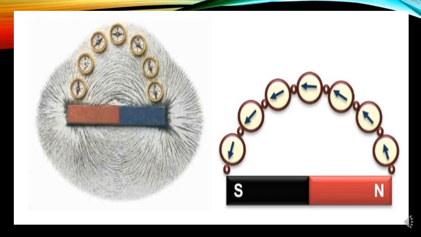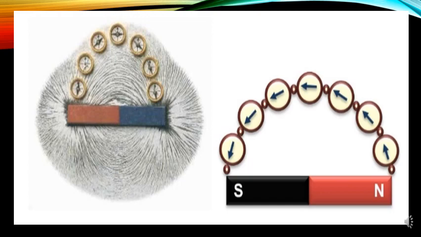Under the influence of the magnetic field of the bar magnet, the iron filings behave like tiny magnets and align themselves along the directions of the magnetic field lines. Thus, the iron filings show the shape of the magnetic field produced by a bar magnet by aligning themselves with magnetic field lines. But how can you trace this?